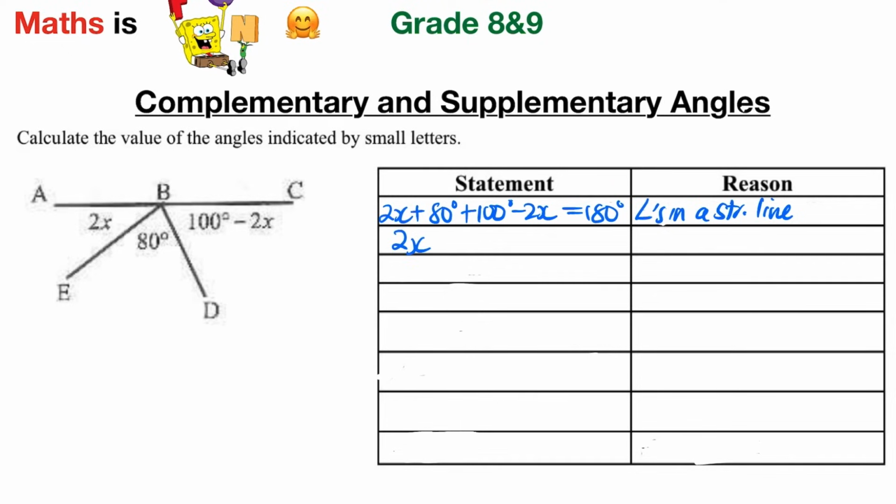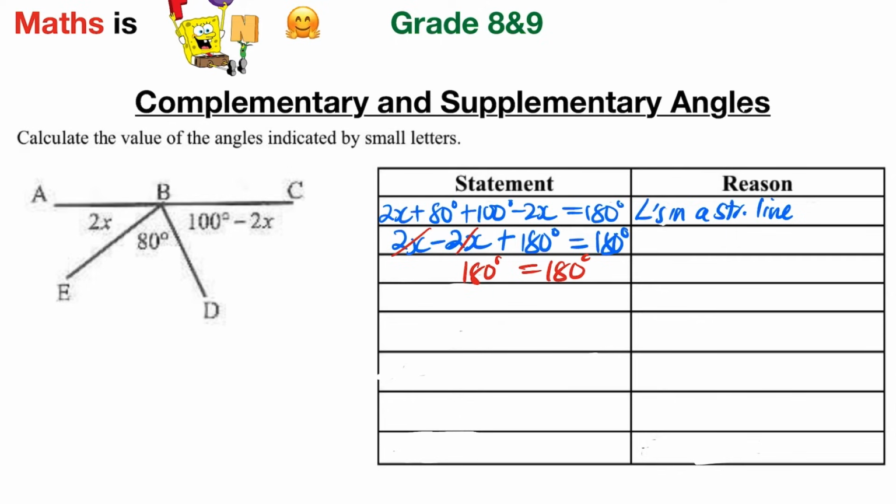So what we're going to have there is 2x minus 2x, plus 180 equal to 180. So this 2x and this minus 2x give you 0, so 180 equal to 180. That's what you have there.